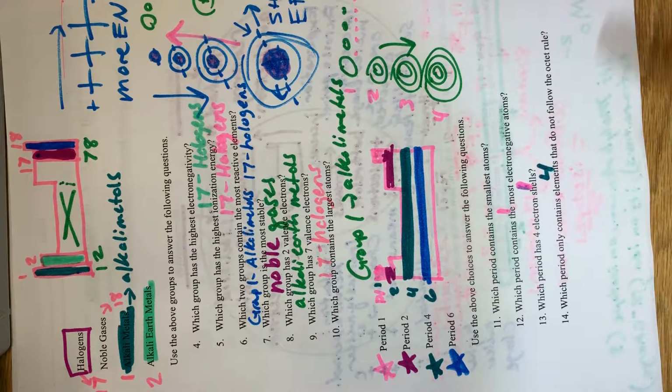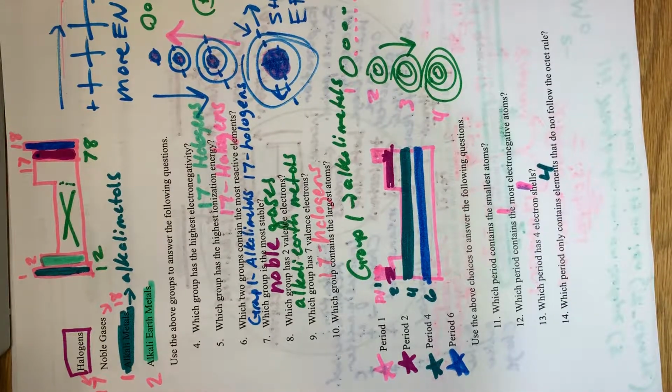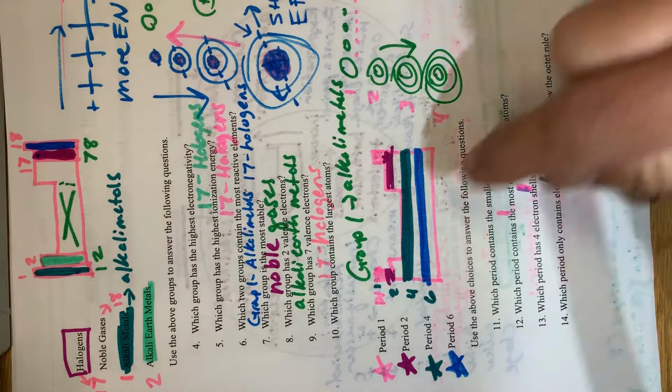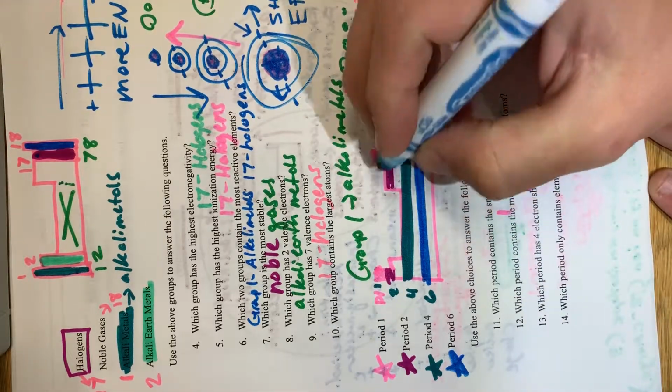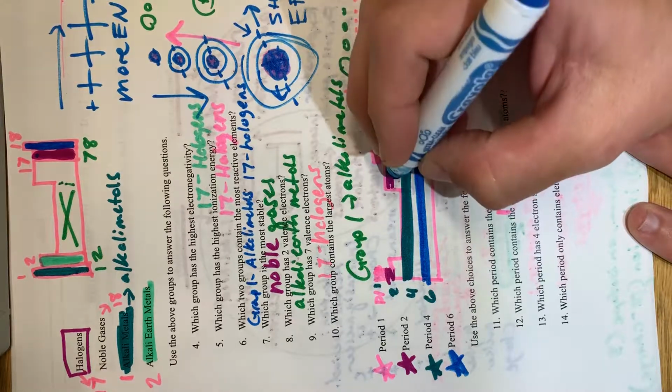Which period only contains elements that do not follow the octet rule? Well, the octet rule states that atoms are in their happiest electron configuration if they have 8 electrons. What doesn't have 8 electrons? Well, boron doesn't follow, but that's only one element, and it's in this period here, right about there is boron.